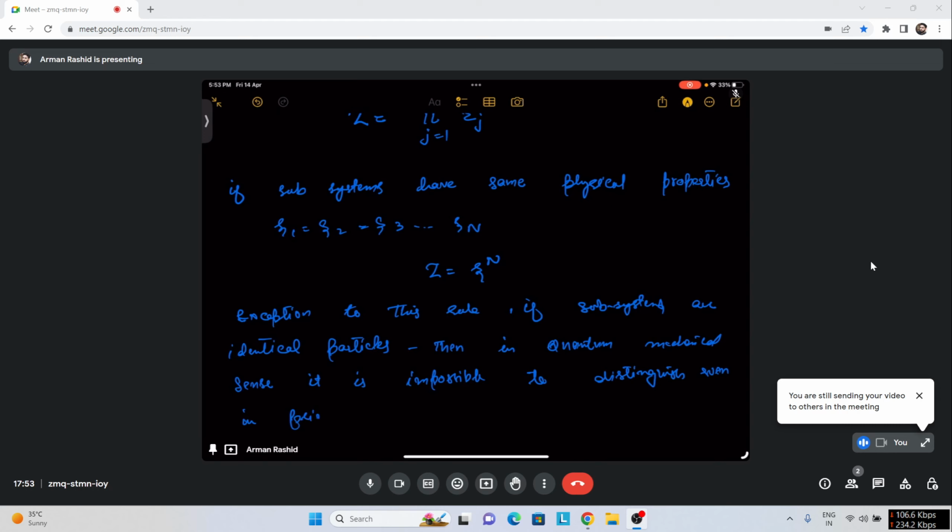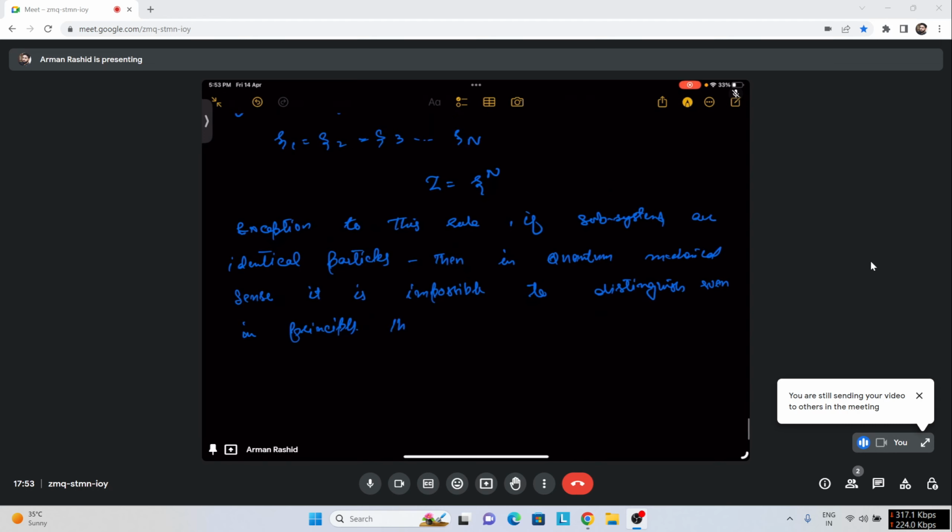So these subsystems cannot be distinguished. Thus the total partition function has to be divided by n factorial.